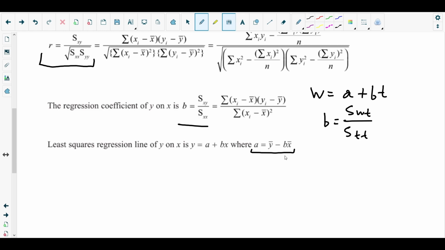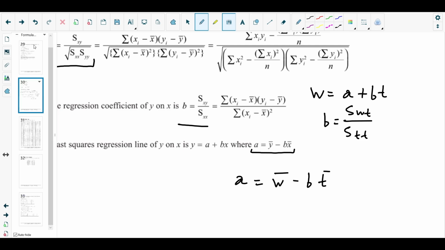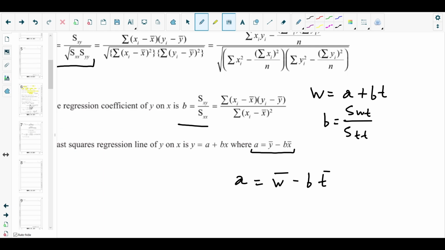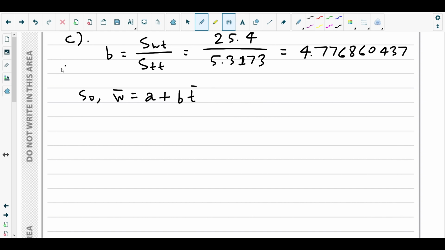Y was W, so A is W bar minus B times T bar. That's what we will use to get the value for A, the intercept.